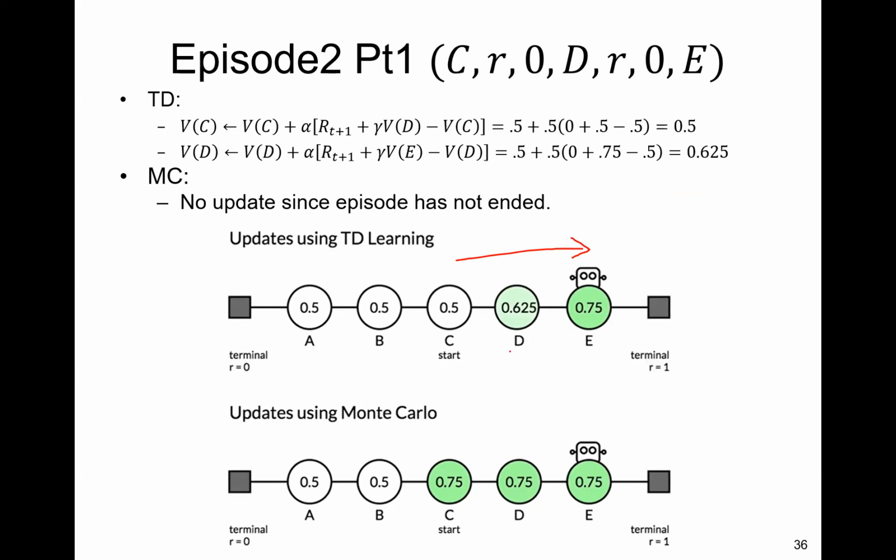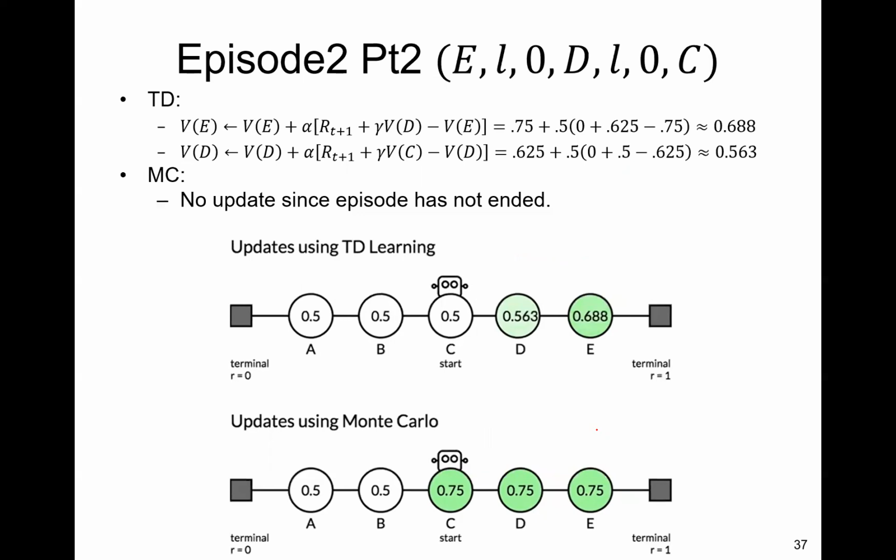And then D can learn from E. The 0.75 from the previous iterations of VE can now be used to update VD to a more accurate value, but not yet VC. But for Monte Carlo, it hasn't reached the end of the episode. By definition, it doesn't do any updates in the middle.